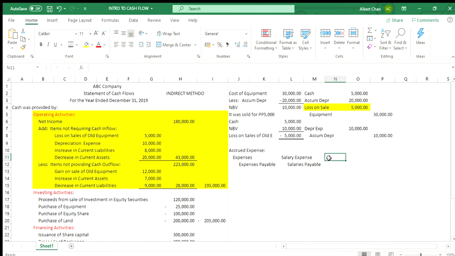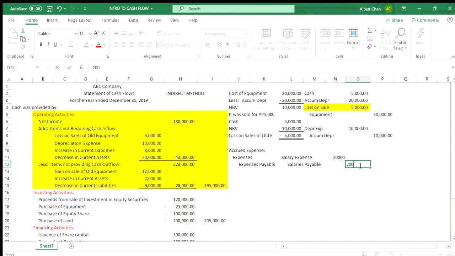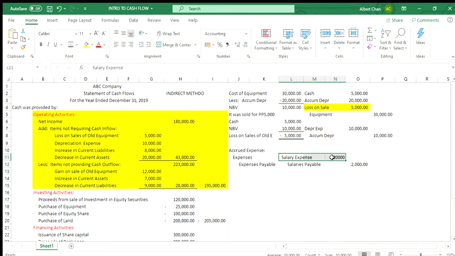So for example, if you have salaries, assuming 20,000, debit salaries expense, credit salaries payable. This salary expense will be reported in your income statement as part of your operating expenses. So your net income will decrease because your expenses will increase, but it's not yet paid.